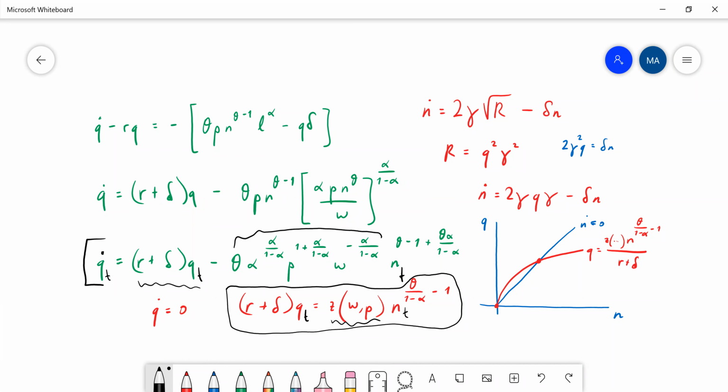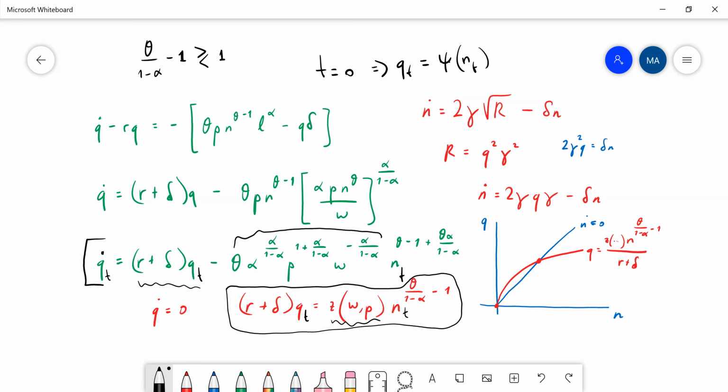So the firm at the initial date t equals 0 will choose Q(t) always as a function of N(t). You may write this function as, let's say, C function, and it always depends on N. That function could be convex or concave, depending on whether this is greater than 1 or less than 1.